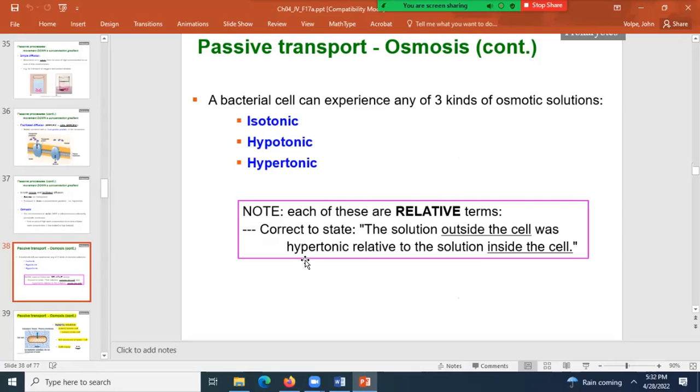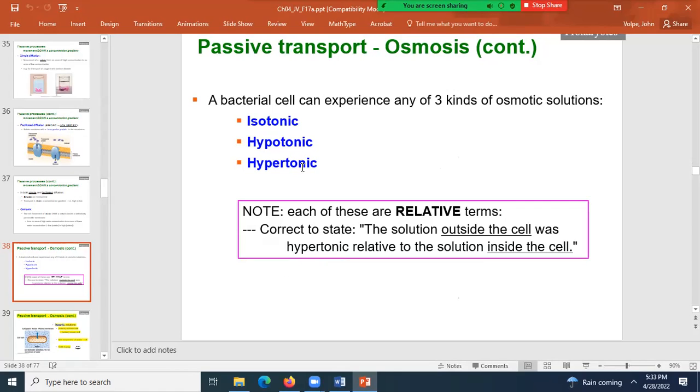And that gives rise to three types of tonicity. A bacterial cell can experience three kinds of osmotic solutions. It can be an isotonic solution, a hypotonic solution, or a hypertonic solution.